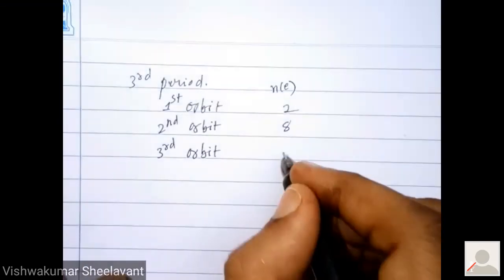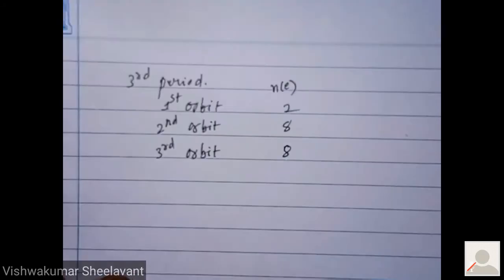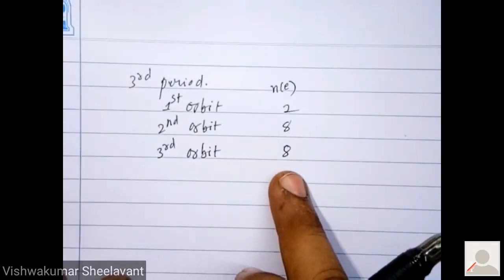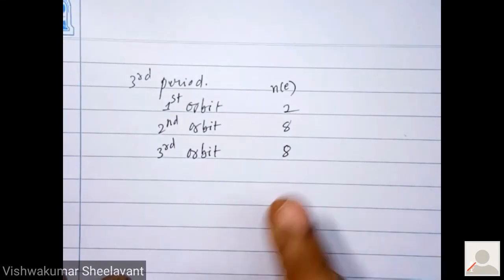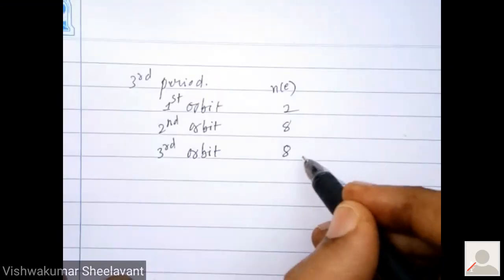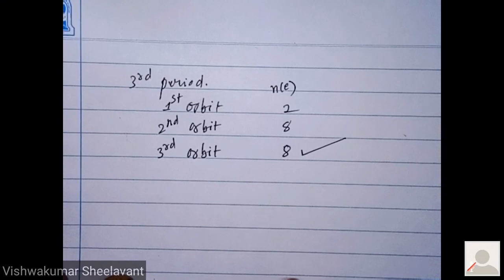So I have to write here 8 only. Total number of electrons is 18, but the third orbit can hold 8 electrons only. So in the third period also you will be having 8 elements only.